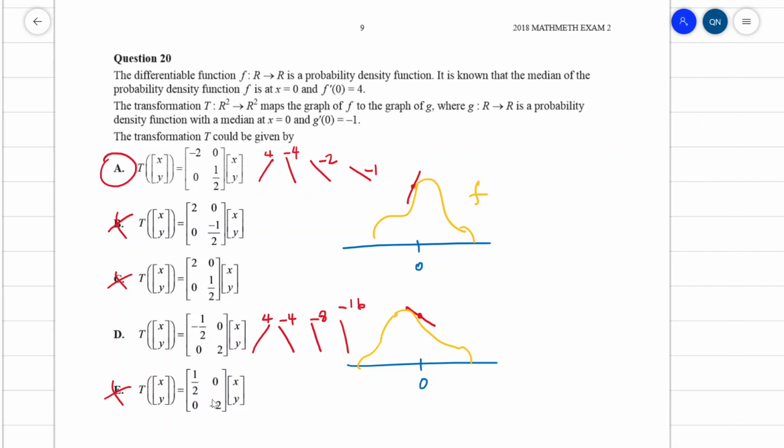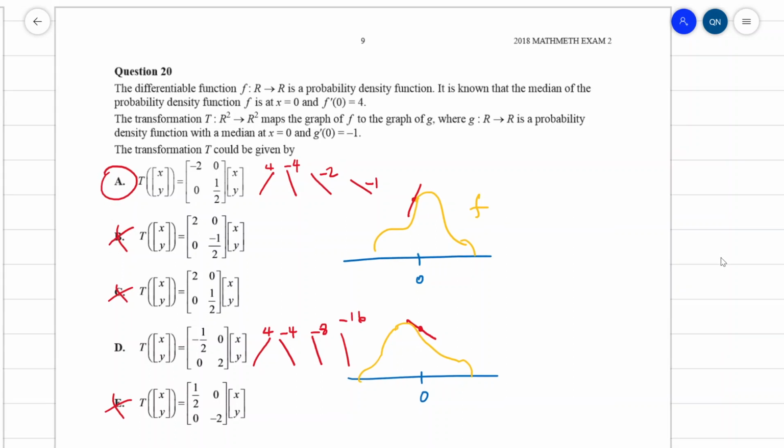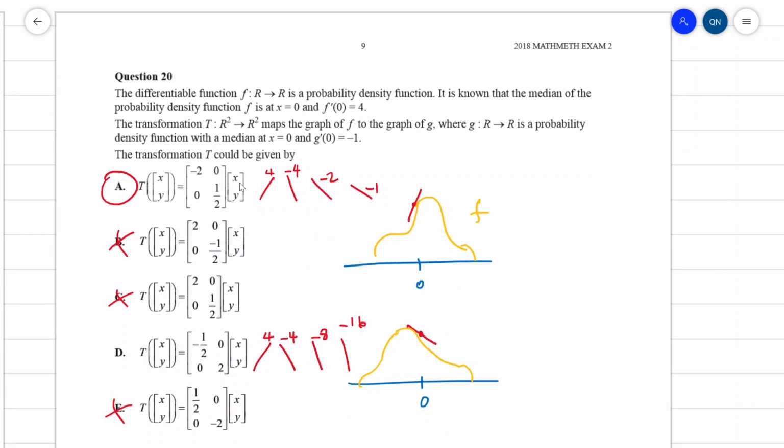Also notice all of these, if you multiply these dilations together, they give you 1 or -1. And why does that make sense? Because if you multiply your dilations together, that gives you the total factor by which your unsigned area changes.